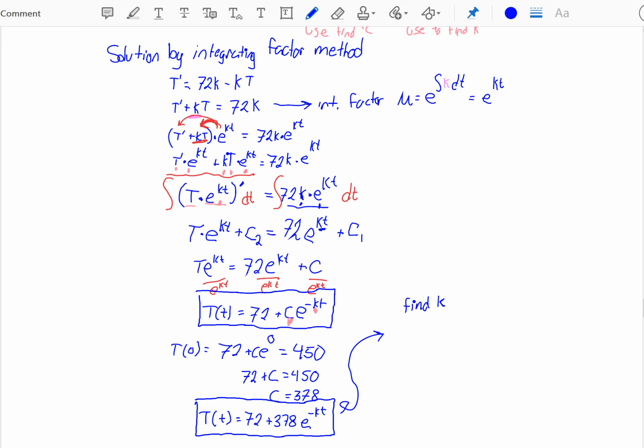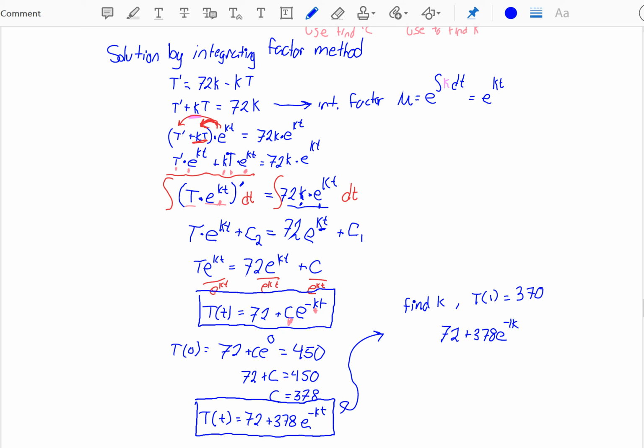Now let's find k, using the fact that we know T after 1 minute is 370. So here T of 1 would be 72 plus 378 e to the negative 1 k.